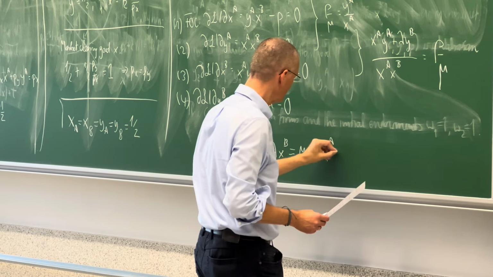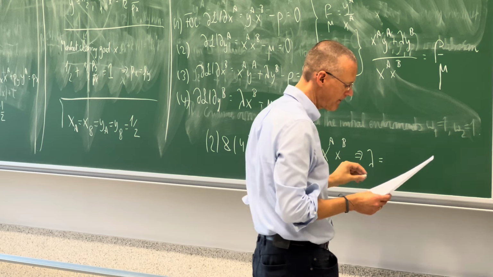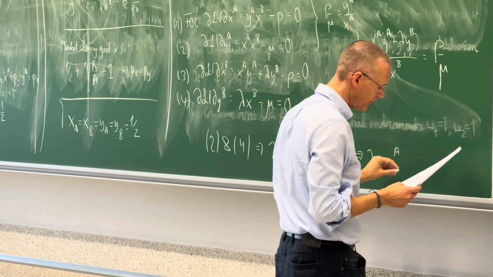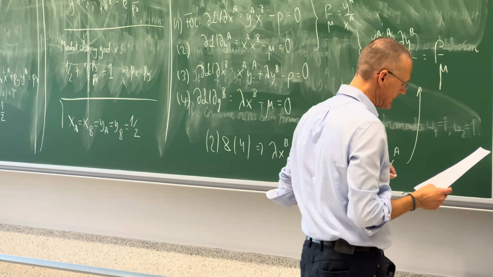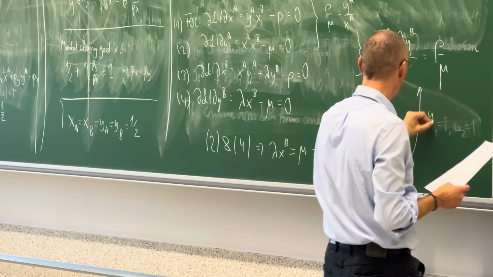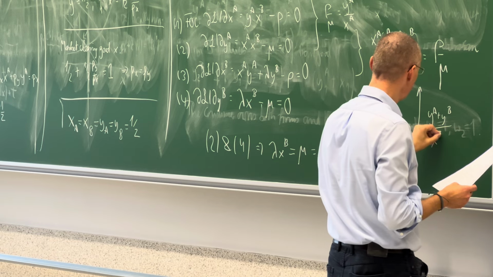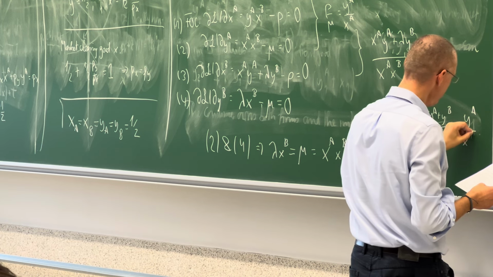Then we plug it in here, and because lambda then disappears and XA cancels out, we get YA over XA plus YB over XB.